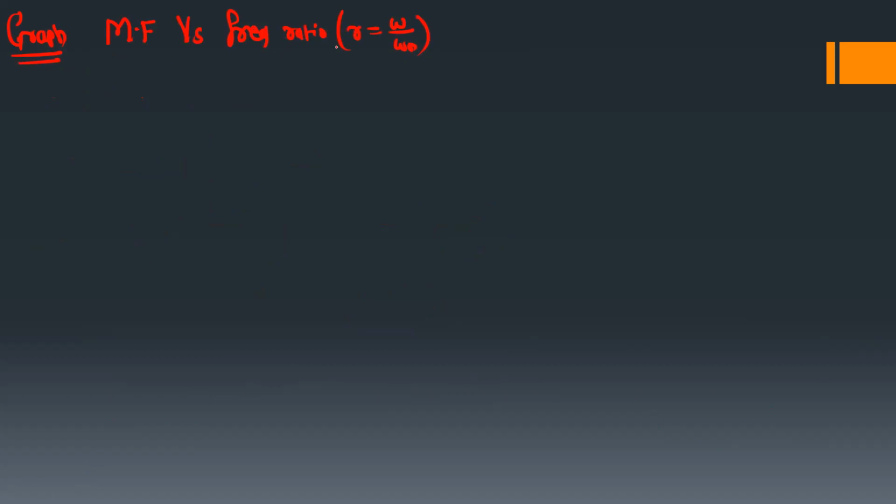So in order to plot this graph, the y-axis will be the magnification factor, which is nothing but A upon F0 by K. And on the x-axis, we will take the various values of the frequency ratio, R equal to omega upon omega n.